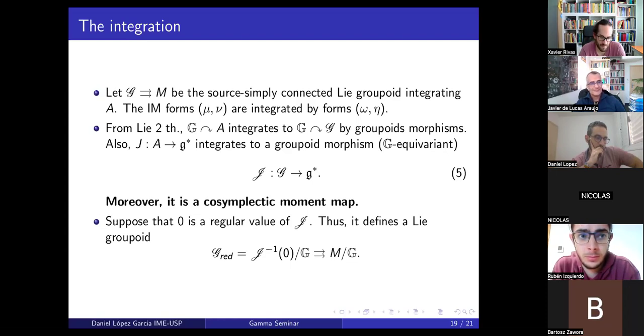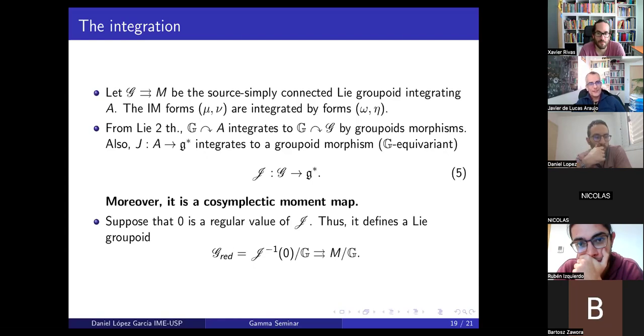In this case, we have this three-plectic form, that is the two-form and the one-form in the cosymplectic case, and we can give an equivalence between the reduction that Daniel showed you and the split reduction in the multisymplectic case. That's the way we do it.